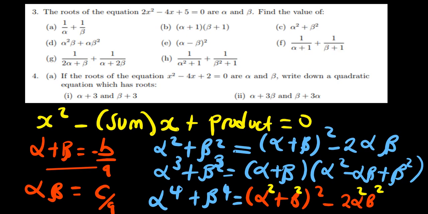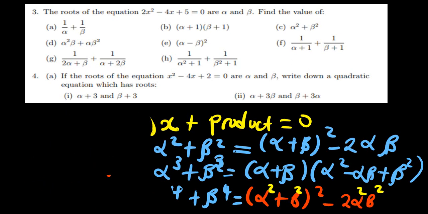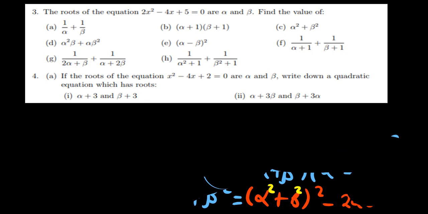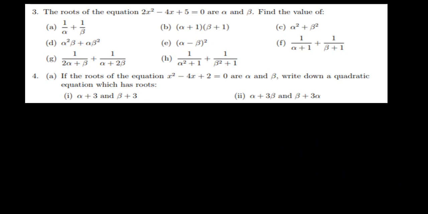When they tell you to find the equation, like with this alpha and beta, write down an equation which has roots and that. So what you are going to do, add these two. Let me just solve this one quickly. You add the 2 and you multiply the 2, then you are done. So find the sum first, the sum of the roots.